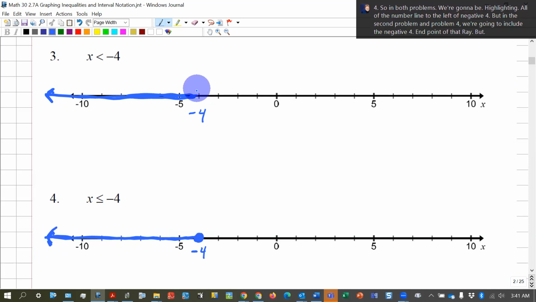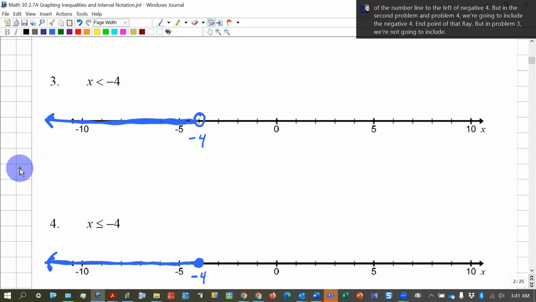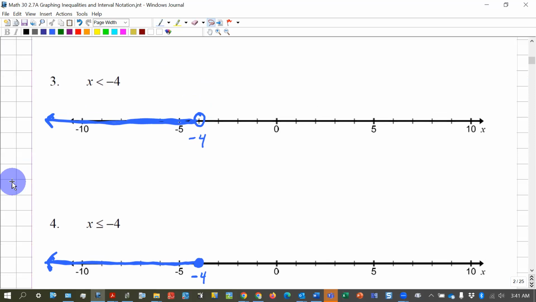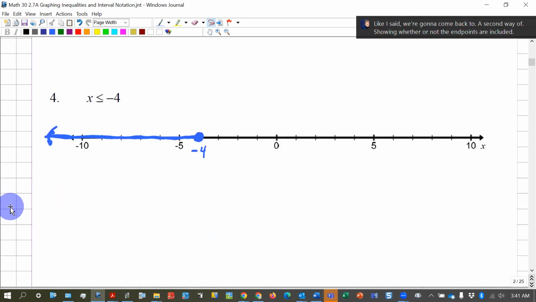But in problem 3, we're not going to include it. Like I said, we're going to come back to a second way of showing whether or not the endpoints are included in a minute.